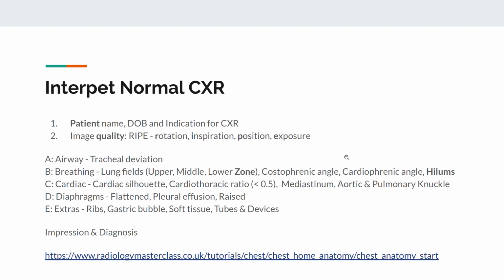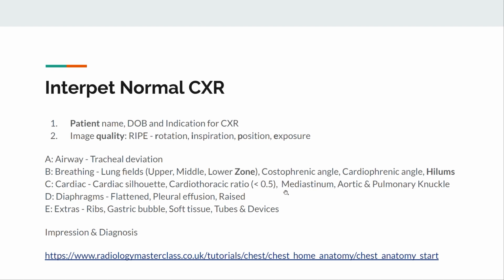The costophrenic angle, the cardiophrenic angle, and then the lung hilums, especially for lymphadenopathy, sarcoidosis, signs of infection around the airways. Cardiac, look for the cardiac silhouette, look for in case there's left atrial enlargement, check that the cardiothoracic ratio is less than half, so the heart relative to the chest is only half of the chest in terms of its width.